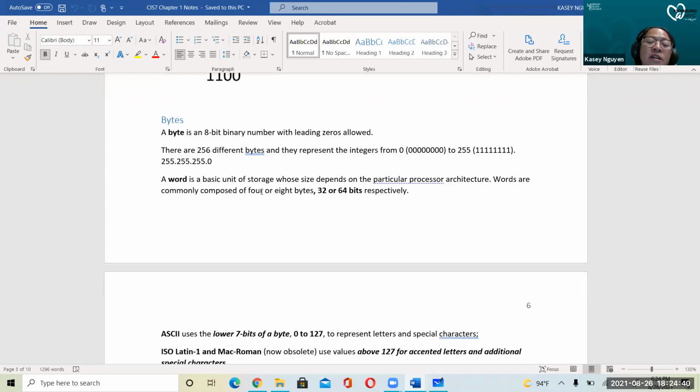So a word is just a basic unit of storage that depends on the type of processor. Think of it as a way to represent a unit of storage overall. So instead of saying 2 bytes, we would say 1 word, or 4 words is going to give you 64 bits. Okay.